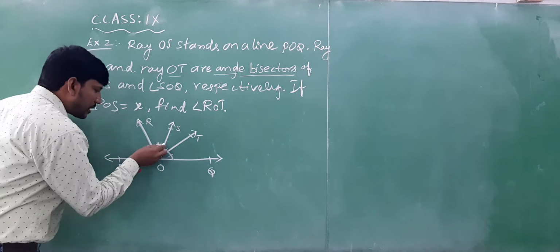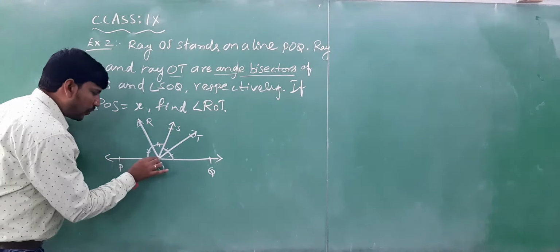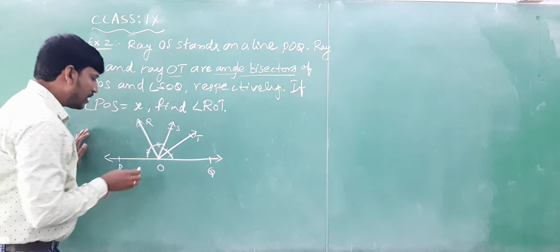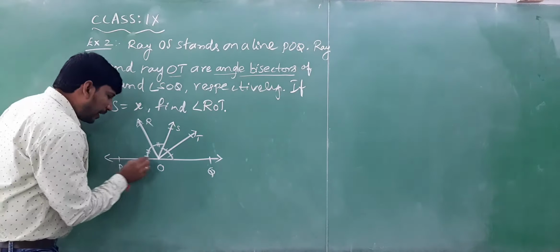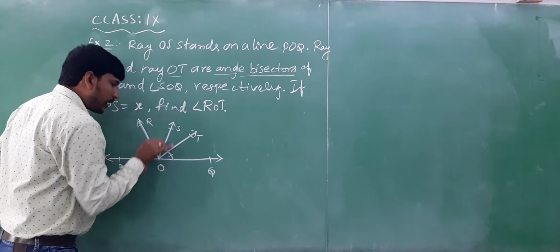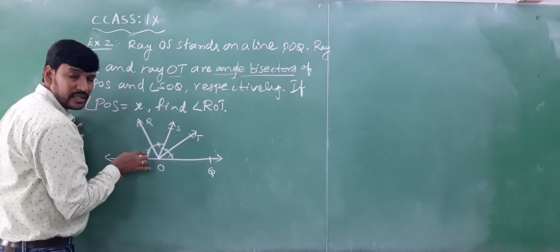Suppose this entire angle POS is equal to 120 degrees. So OR is the bisector. Bisector means angle POR is equal to angle ROS. These two angles are equal, that's why we give the symbols.